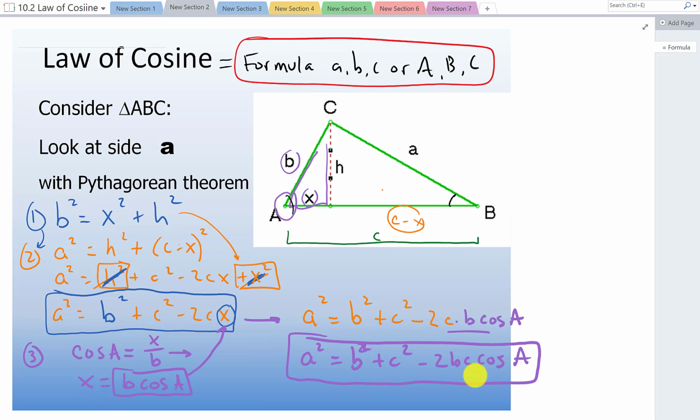My angle A is not 90 degrees, and it does not depend on B or C being 90. I have no 90s in that triangle. And so this gives me a nice equation, and it is called the law of cosine.